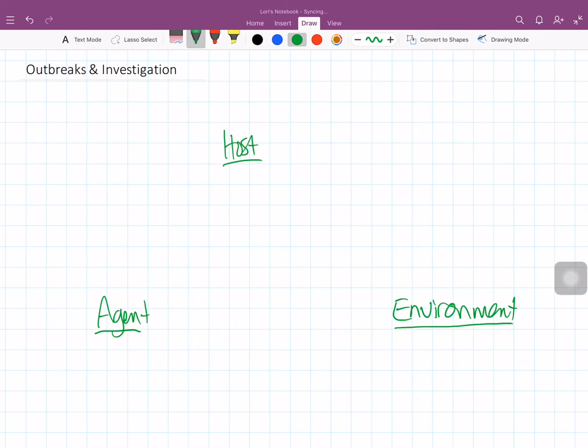So what I like to remember is that you have to get the agent to the host. The agent has to gain access to the host, in other words. The agent also has a certain relationship to the environment, and the host has a relationship then to the environment.